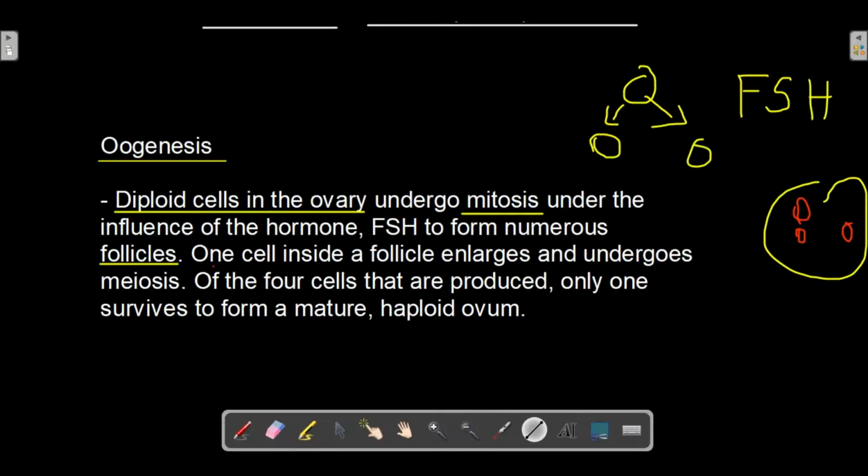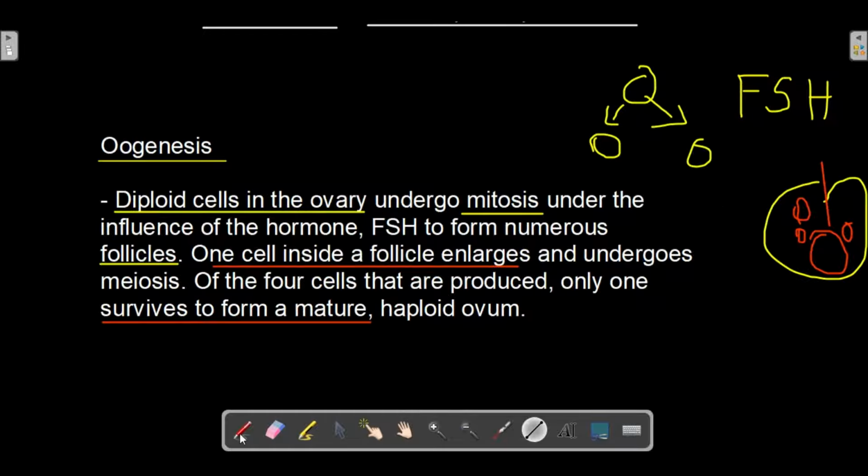Now, one cell inside the follicles enlarges. There are multiple cells, but only one cell will enlarge, and of the four cells that are produced, only one survives to form a mature haploid ovum. Of the four cells formed inside, only one cell will exit.